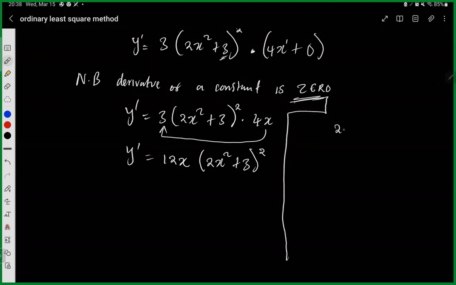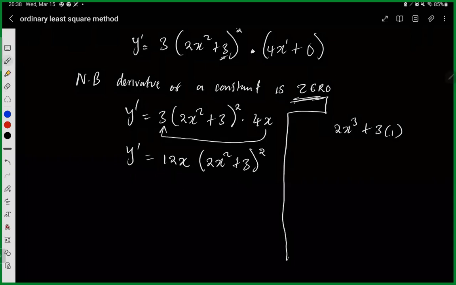Let's take the same 2x to the power 3 plus 3. Is it true that this 3 is the same as 3 times 1? Yes. 3 times 1 is 3. So this here is the same as this here.